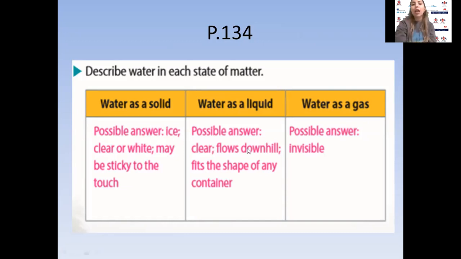Liquid, water as a liquid. If you want to describe it: clear, flows downhill, fits the shape of any container. It means it takes the shape of its container. Water as a gas is called water vapor, and it's invisible. But during boiling, we can see the steam.